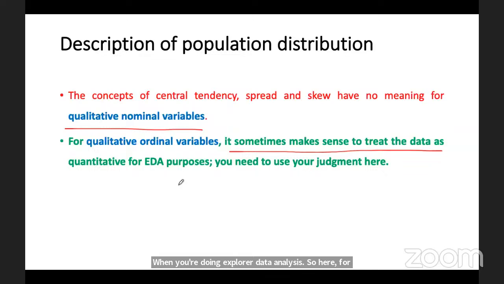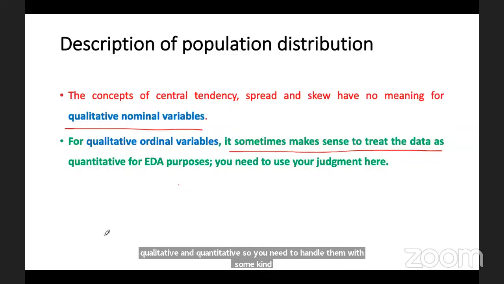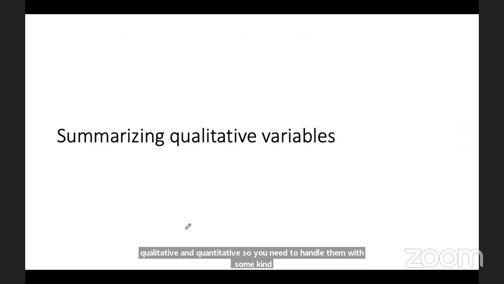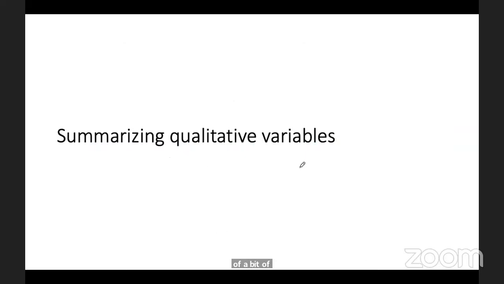Maybe you have a scale of 0 to 9, like what is done by people measuring diseases. So at the end of the day, these are ordinal scales. They are a bit qualitative. They're between qualitative and quantitative. So you need to handle them with a bit of caution as you move on. So let's look briefly at how we summarize qualitative variables.